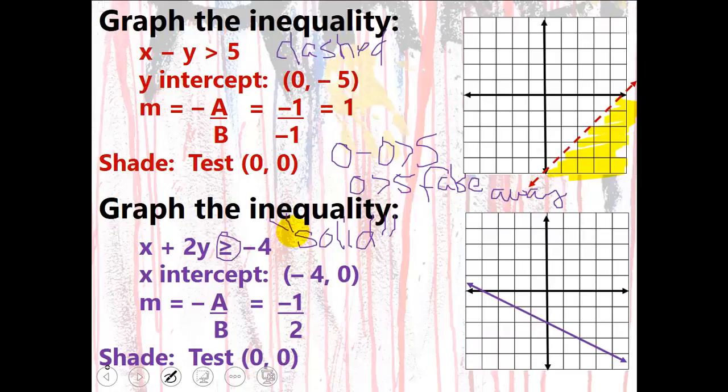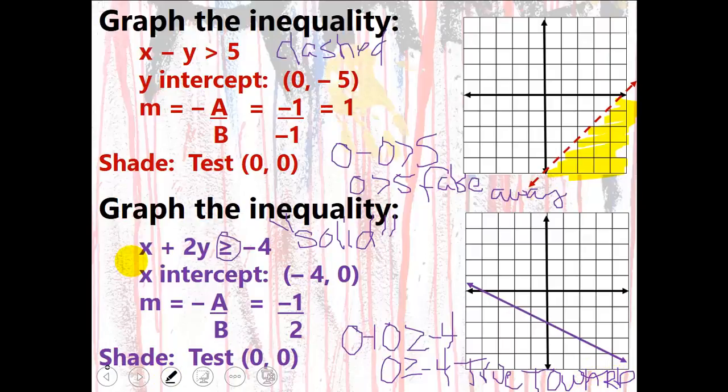Is 0 plus 0 greater than or equal to -4? Is 0 greater than or equal to -4? Well, that's true. So I'm going to shade toward (0, 0), or on the same side as (0, 0). Just like that.